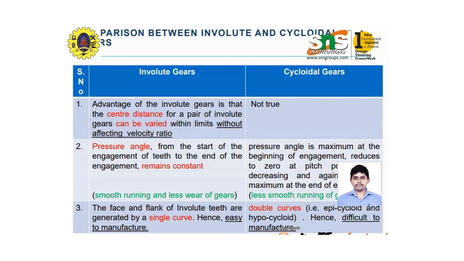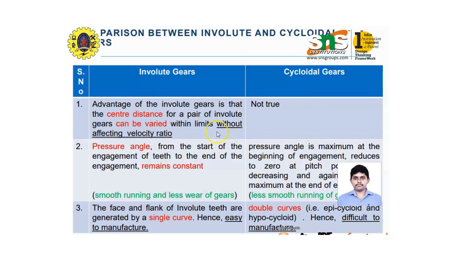This can be varied. One is cycloidal gears and another is epicycloidal gears. There is a change in cycloidal gears with respect to the curves of engagement, and when smooth running takes place, the amount of engagement keeps varying with respect to the pitch point, and the pressure angle also keeps increasing.